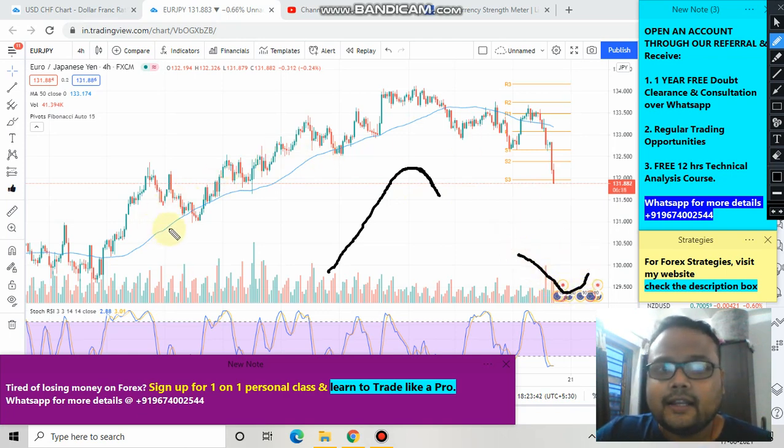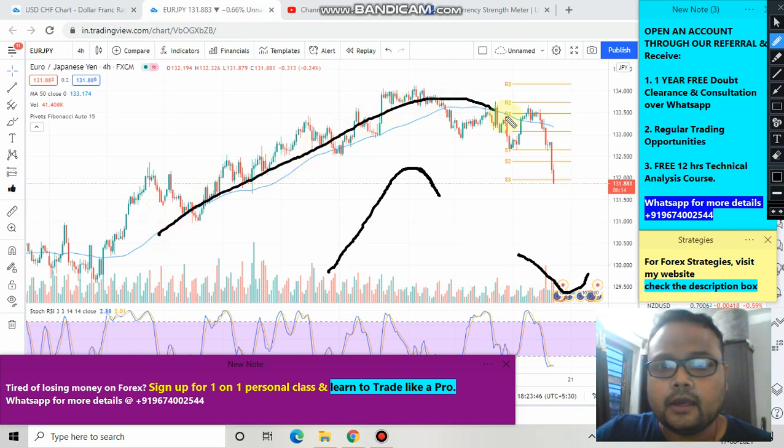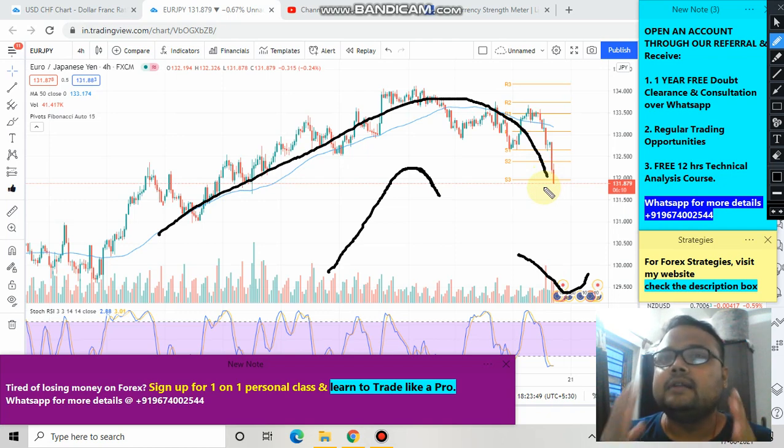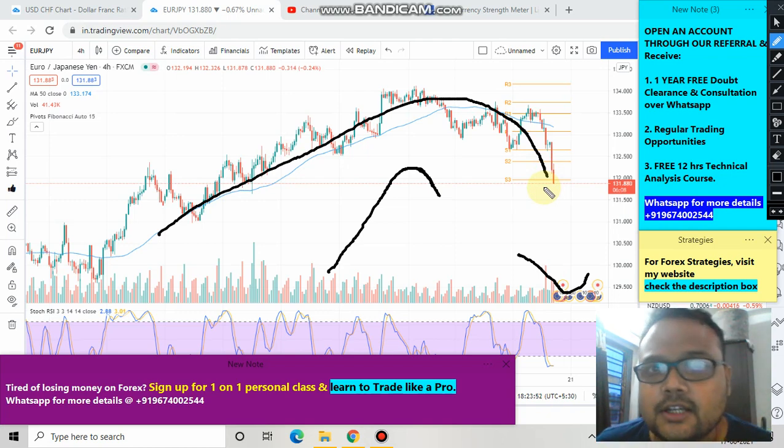Right now we can see that we have the inverted V pattern, and we can say that the trend of the market is changing. Right now we cannot consider Euro JPY to be in an uptrend, because we can clearly see that after the Fed meeting things have changed, the market has changed.